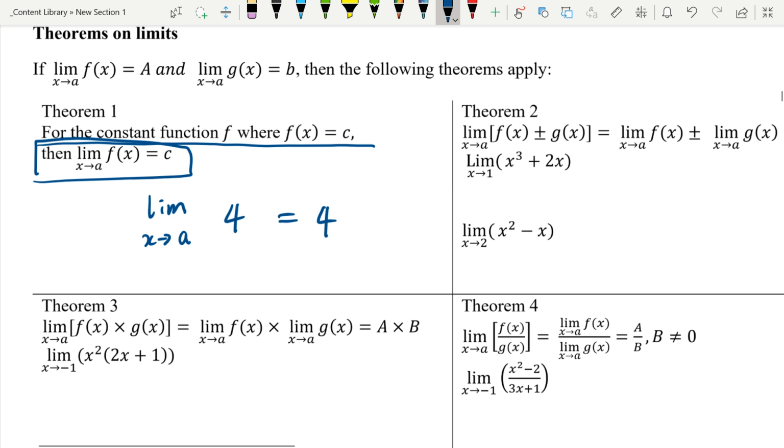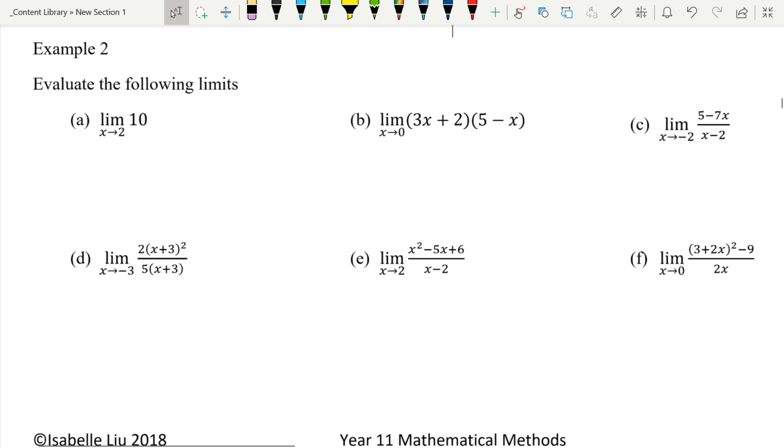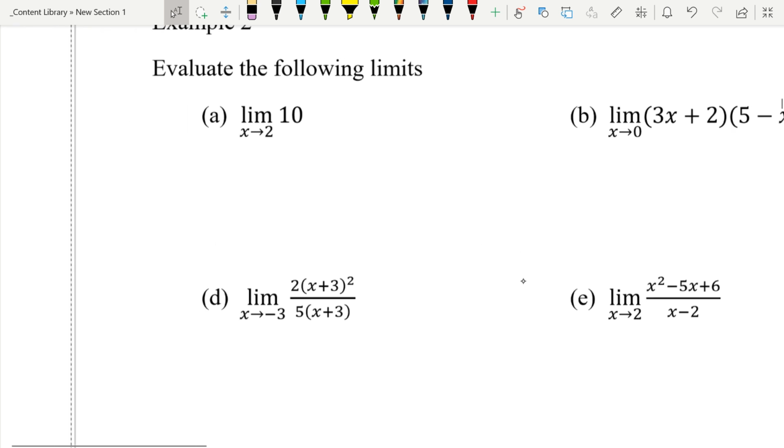It doesn't matter what x is approaching. So that's always the constant itself. Knowing that, what's the limit as x approaches something of 10? 10. I don't care what x is approaching, the y value is constant, it's always 10. So you're always approaching the level 10.